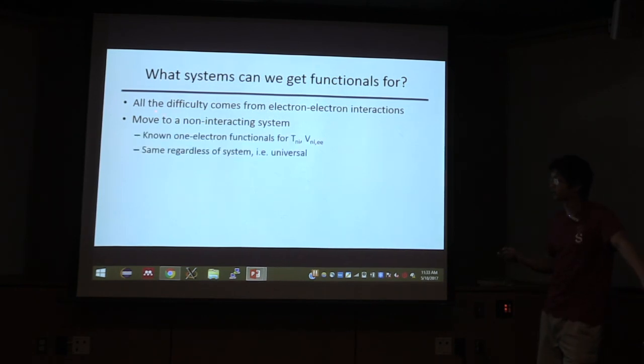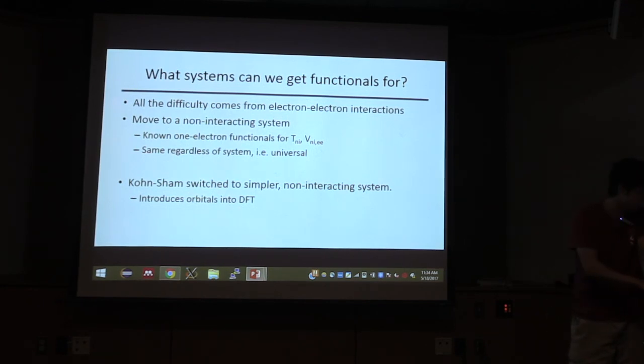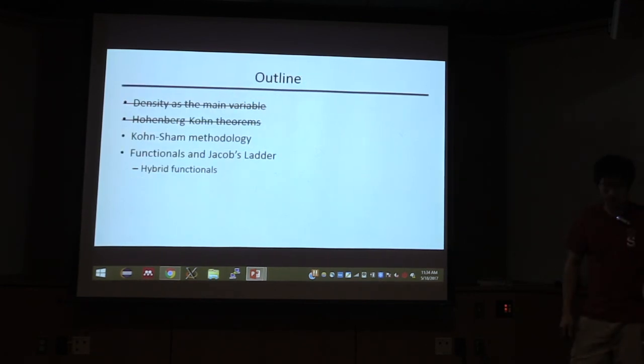So in a non-interacting system, all of our functionals will be one electron terms, and they're known for the non-interacting kinetic energy and non-interacting electron-electron repulsion. And so that's exactly what Kohn-Sham did, which we'll talk about next. And Eric, this is why orbitals even exist in DFT. Because up to now, we've been just talking about densities. No real reason to have them.